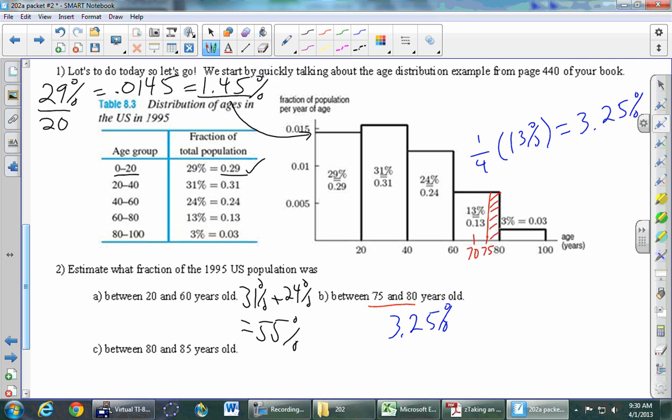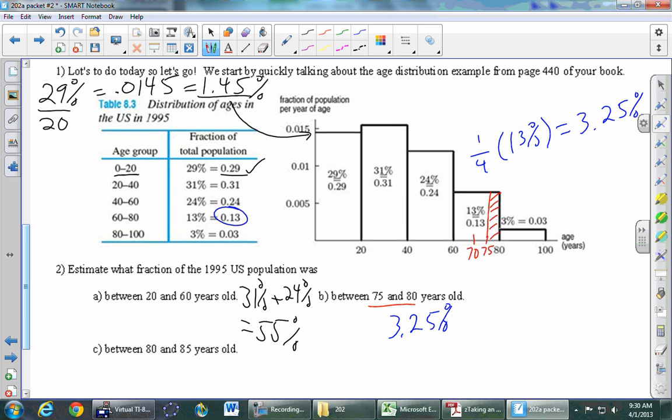The graph being drawn flat assumes that it's evenly distributed, but we know better, right? Even if this 13% is the perfect number, with no more information, that is an estimate at best. The flat is all you can do. You've used every data point and you just connect the dots with flat lines.